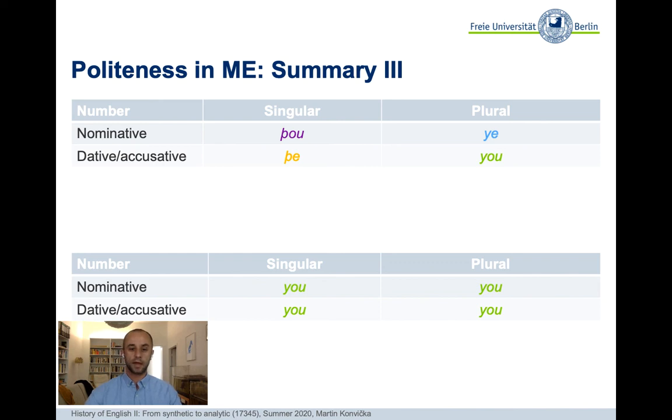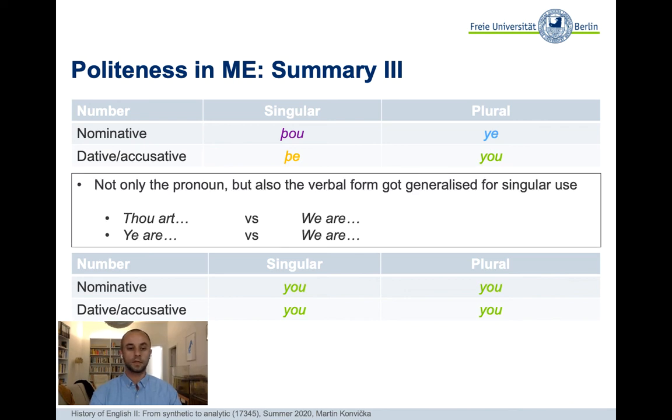Right. But if you compare the present-day English system, where you have "you" basically for the singular and plural, and also for the nominative and dative or object form, you see that the Middle English pronominal system in the second person is a bit more complex than the system we have nowadays in English, right? And in the history of English, we not only have a generalization of the pronoun, but we also have a generalization of the verbal form, right?